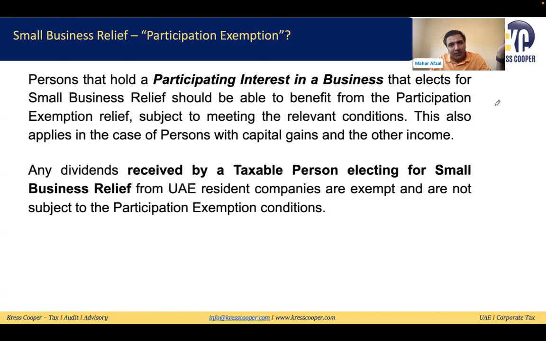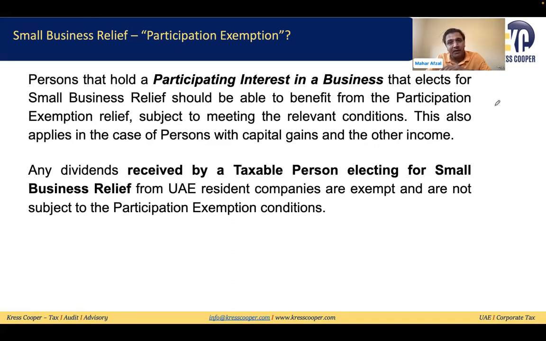A taxable person, a resident person, that is opting for the small business relief, if that taxable person is giving dividend to any other person, still that dividend will be considered as an exempt income in the hands of the recipient. Why? As we discussed earlier, the business itself is subject to tax, but they don't have any taxable income because they have opted for the small business relief.